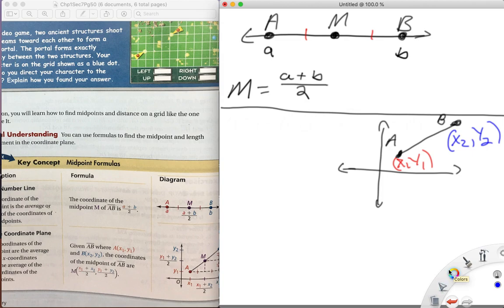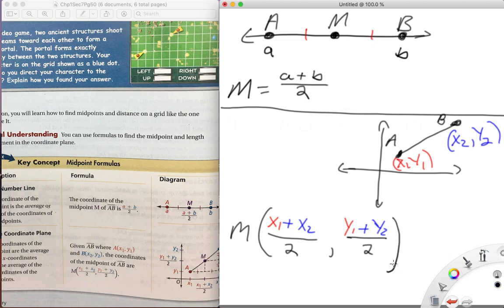So when we talk about the midpoint of this one, we say that the midpoint is going to be the x's plus each other divided by 2 for the x coordinate, and the y's plus each other divided by 2 to get the midpoint of the y coordinate.